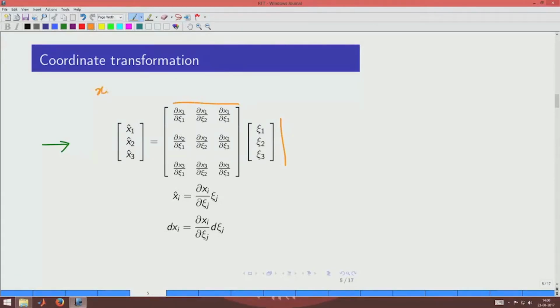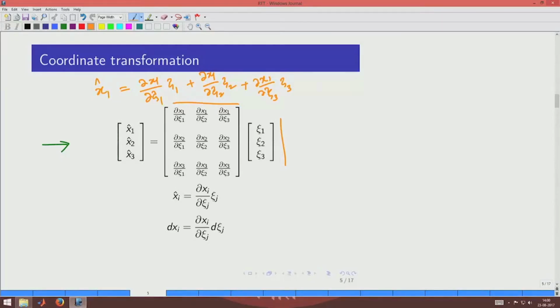You have x1 and you would write it as dou x1 by dou xi1 plus dou x1 by dou xi2 plus dou x1 by dou xi3. Like this you could write all the 3 equations for the transformation of variables, and then you have them in matrix form.